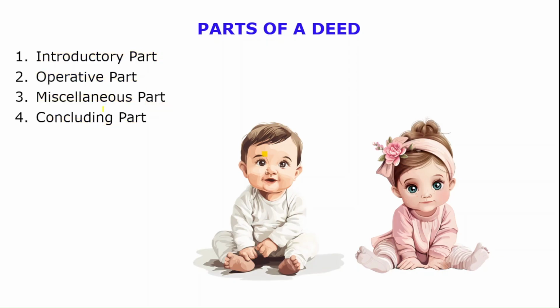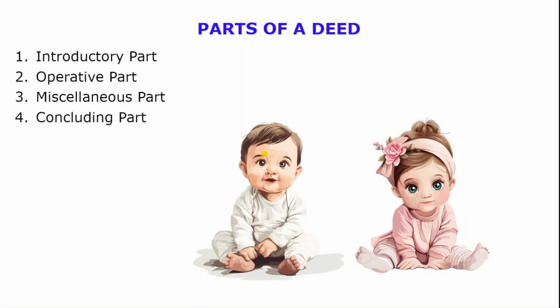Also, take note that we did not say introduction part. We said introductory part. We did not say operation part. We said operative part. And we did not say conclusion. We said concluding part. You may be wondering, why is he stressing us about whether it's introduction? If you have solved some of your MCQ, some of the tricks of the examiner is to ask you what are the parts of a deed of assignment.